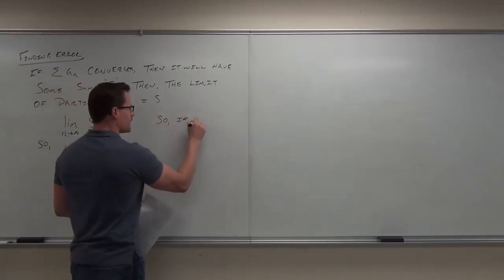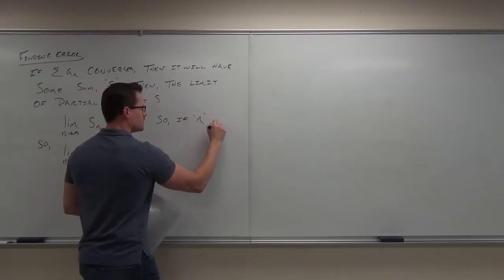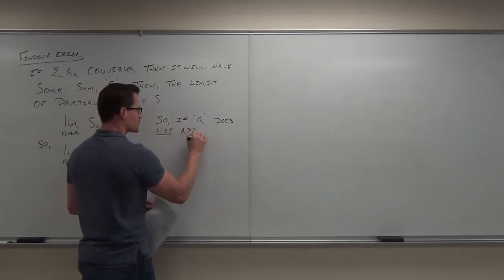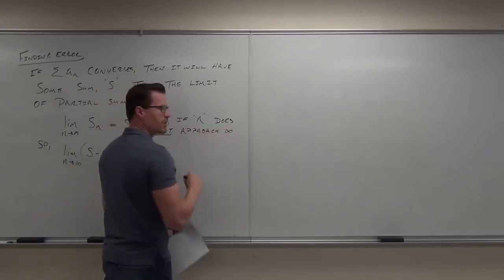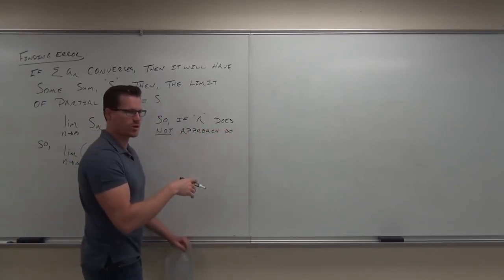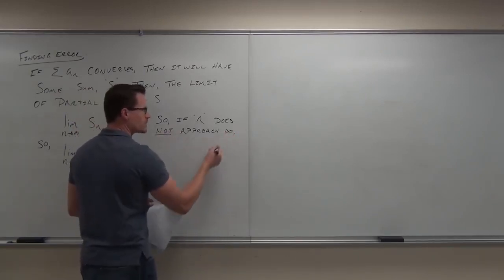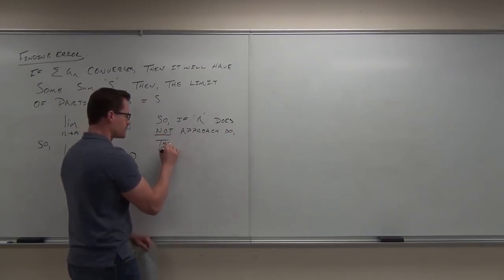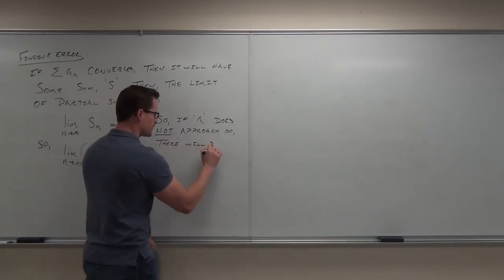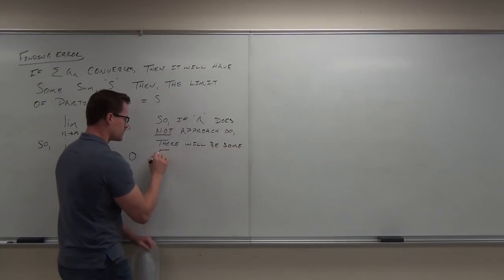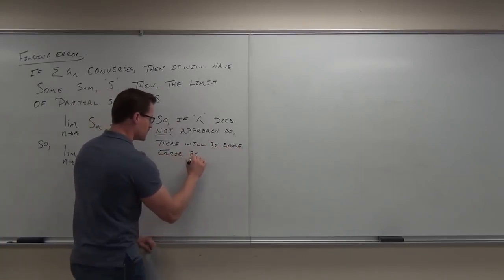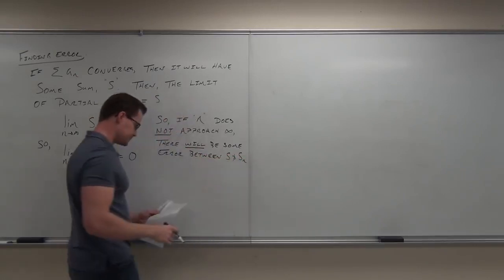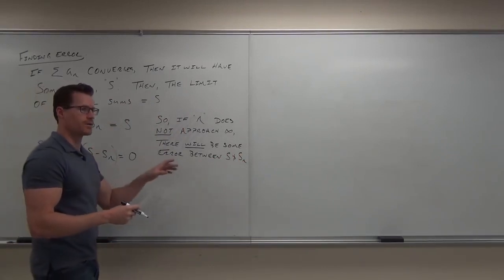So, if n does not approach infinity, or in other words, it never makes it, so if we stop somewhere along the way, there will be some error between S and S sub n. We call that error R sub n.